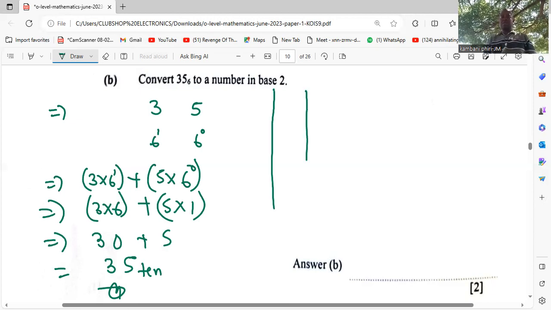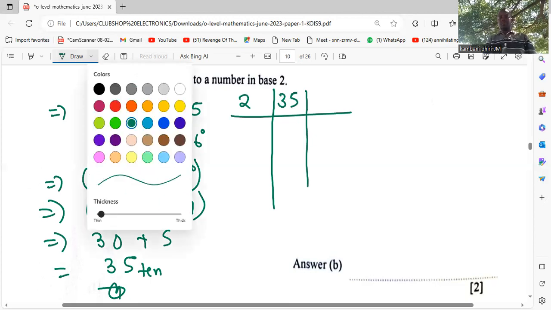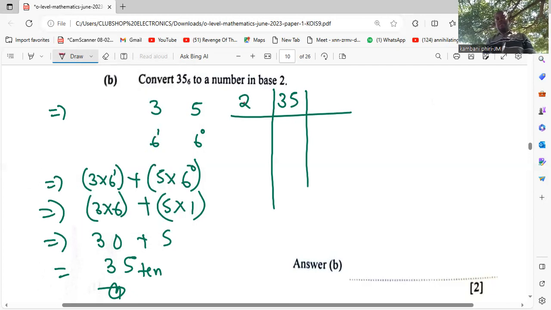We can even use a table like this. We'll be dividing by 2. So 2 into 35: 2 into 3 is 1, remainder 1. 2 into 15 is 7. I can even put the remainder here so that we are able to write. So it is 17 remainder 1.